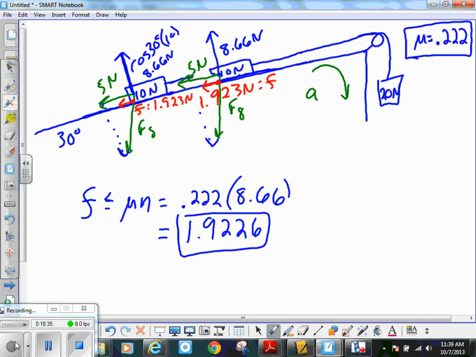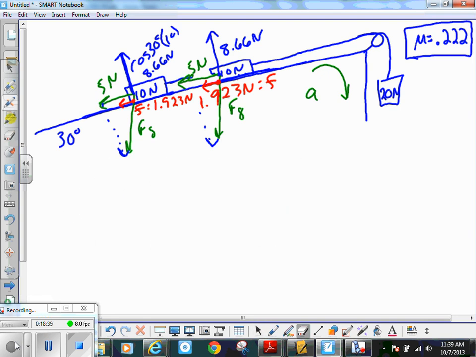1.923 newtons. Okay, now that we have all of our forces kind of in line, we can write up our summation equation. Okay, so we can do it with tensions first, we can do it with accelerations first. I guess I kind of like to do it with tensions myself. So I know that T1 that I label here and T2 are the same thing, because you can't push with a rope, according to Newton's third law.